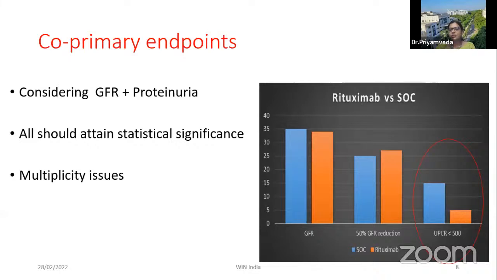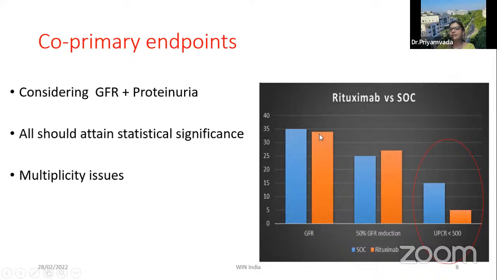Now, let us assume that I had taken two endpoints, one proteinuria-based, and the other a GFR-based endpoint. Let us say this is the situation: the absolute GFR, there's not much of a difference. And the 50% reduction in GFR, again, I had taken it as a primary endpoint. There's not much of a difference, but there is a significant difference in proteinuria with rituximab.